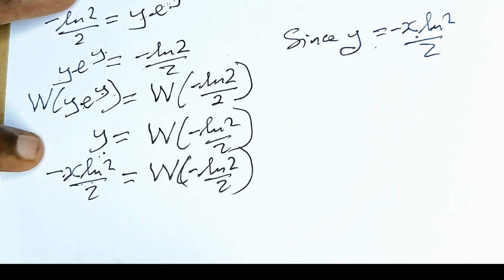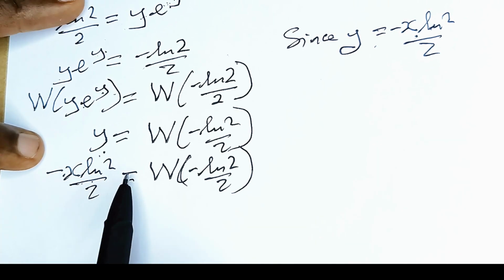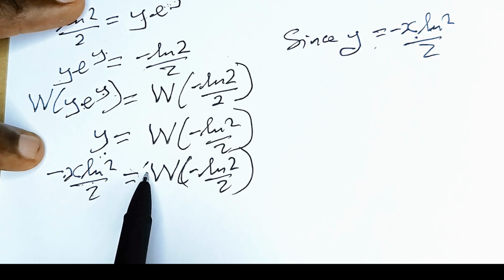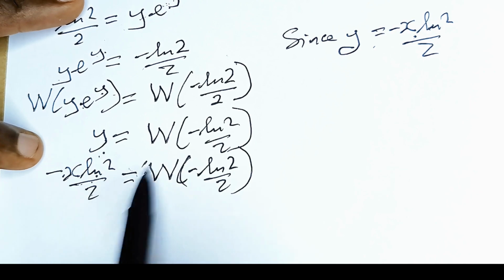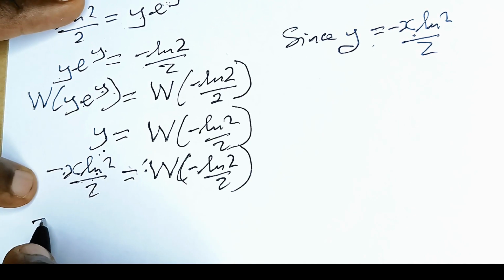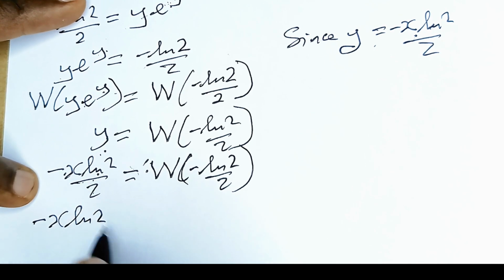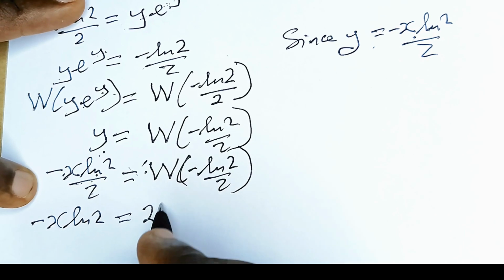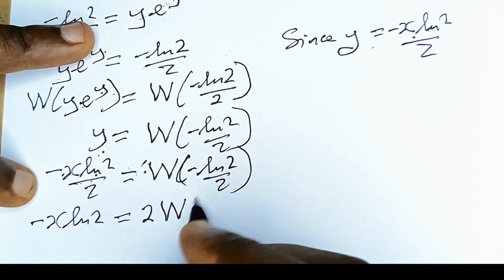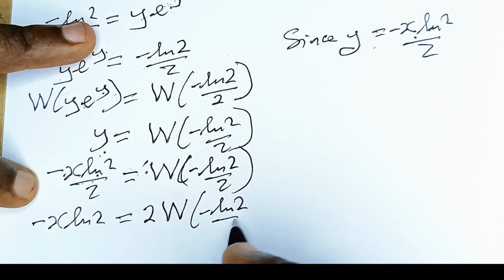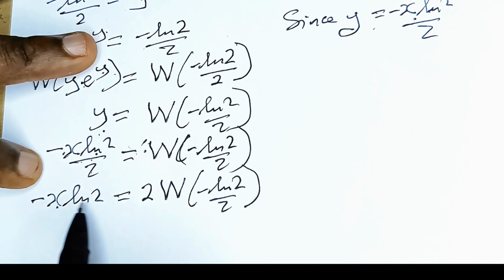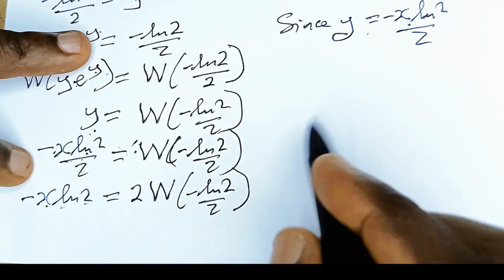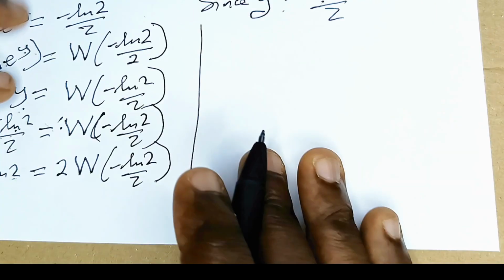So what we have to do now is to first of all cross multiply. The 2 comes here, and after that we divide by ln 2. So by cross multiplication we have minus x ln 2 is equal to 2 W function of minus ln 2 over 2. So to make our x stand alone, we can divide both sides by ln 2.